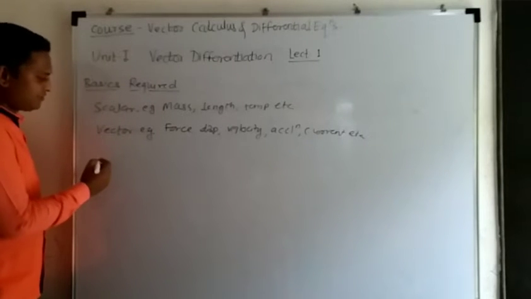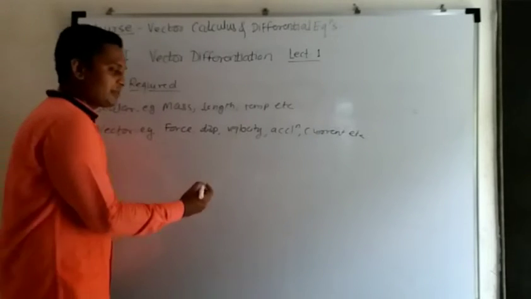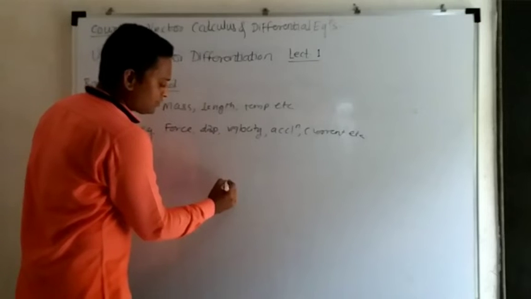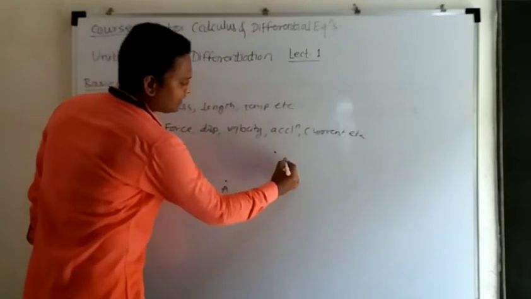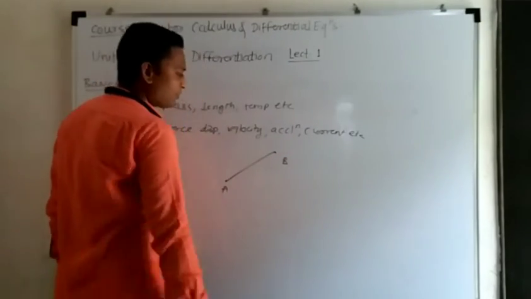The next after this, geometrically how one can represent a vector in any dimension. Suppose for a vector 2 points are required. Let us take 2 points A and B. When we join these two, we get a segment.